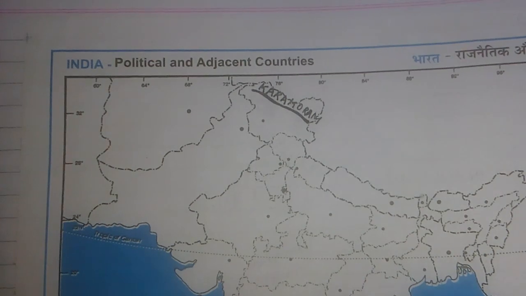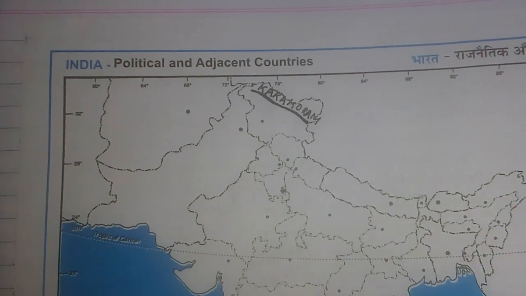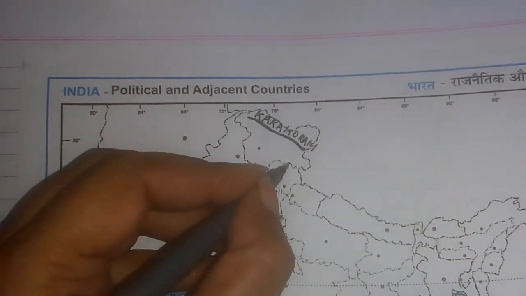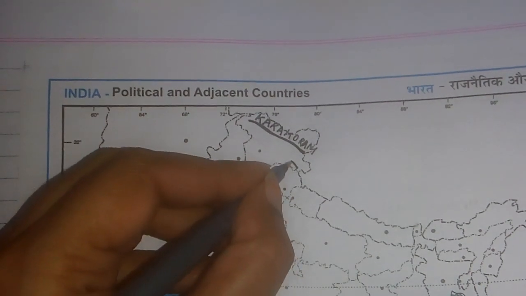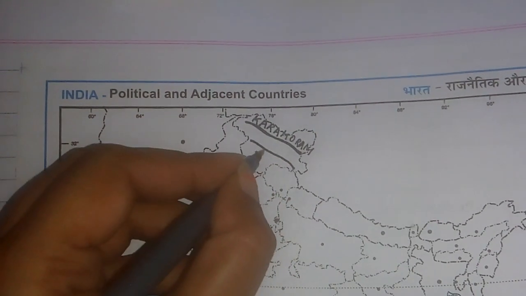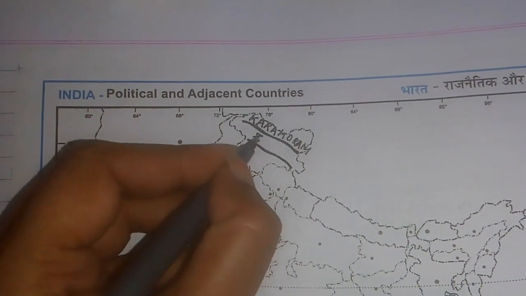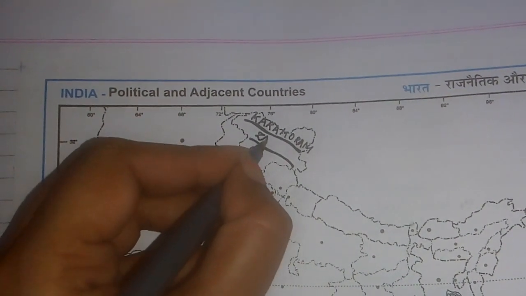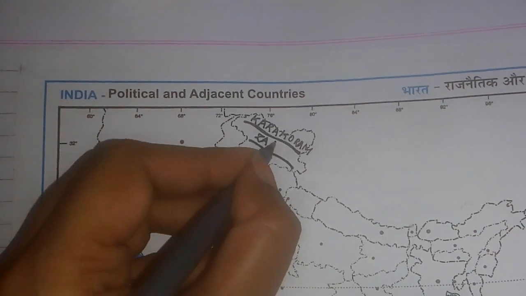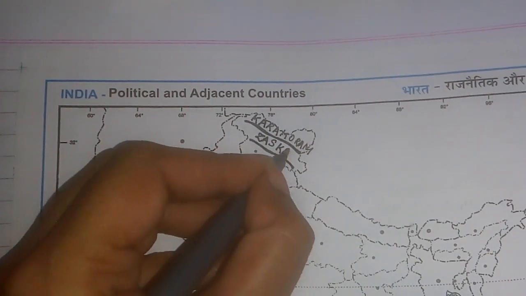We have marked Karakoram. Then below this I have shown you that there is the marking of Jaskar range. So again like that we can draw the line, and above this line you are going to write the name of the range, that is Jaskar range.